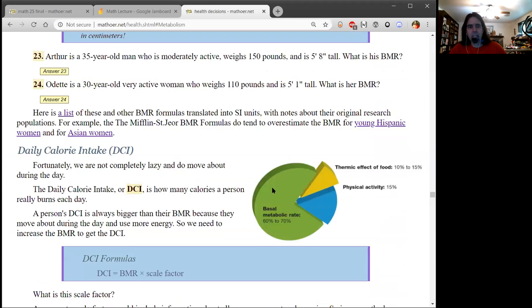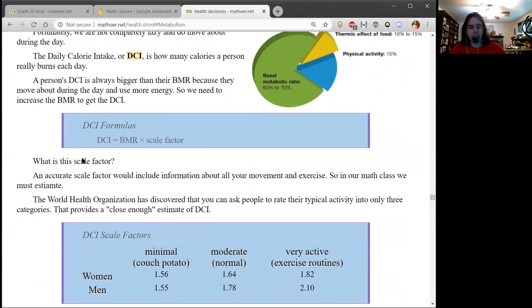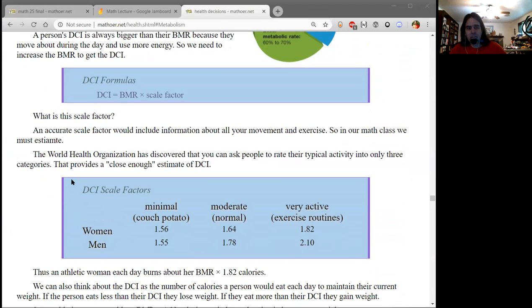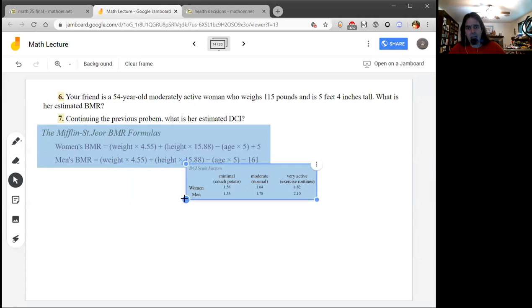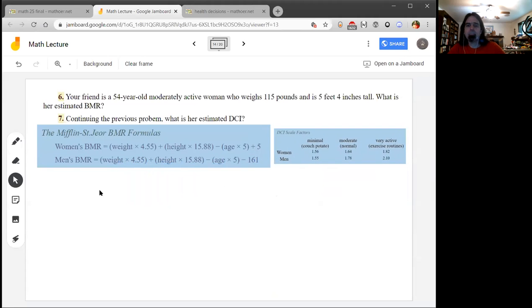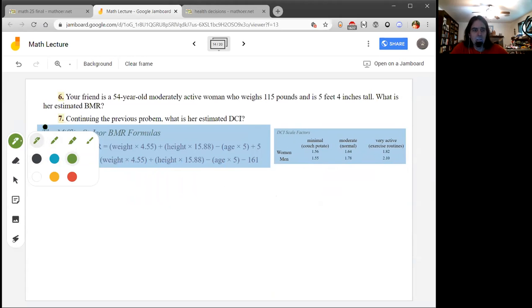And then we also had the scale factors. So since this person is a moderately active woman, we're going to use the woman's formula there, and we'll use the number for moderately active in women there.